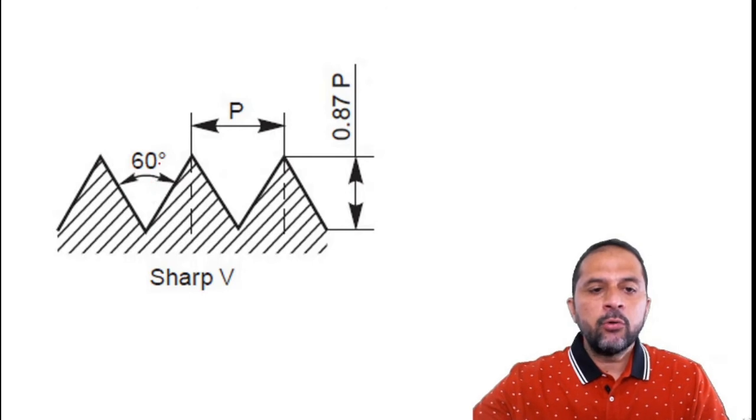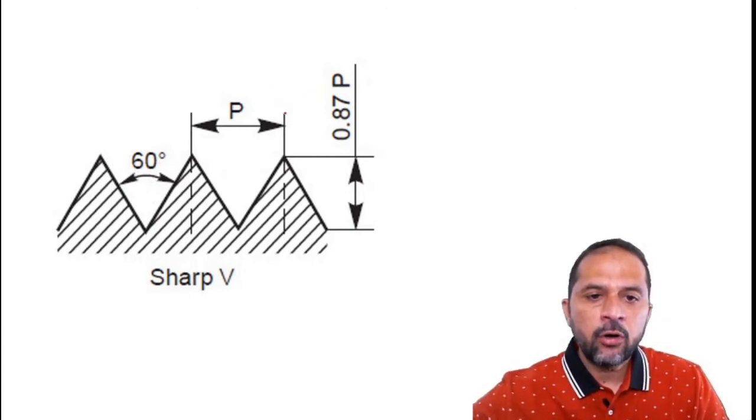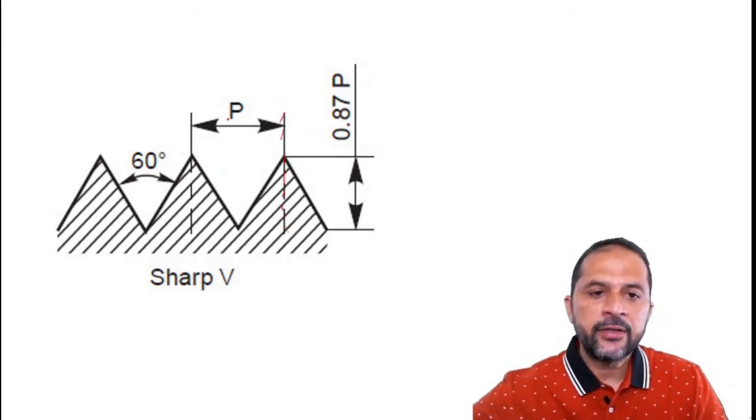In order to draw it, the easiest method is first to draw the vertical center lines at the distance of P. The value of P will be given.